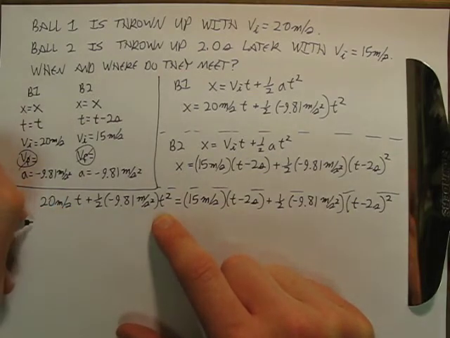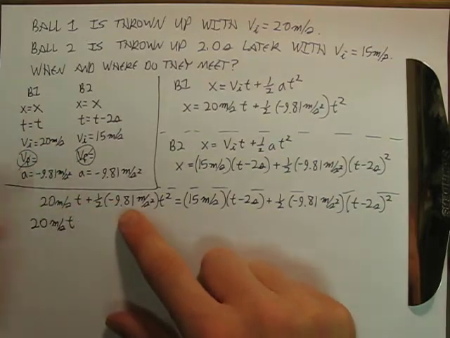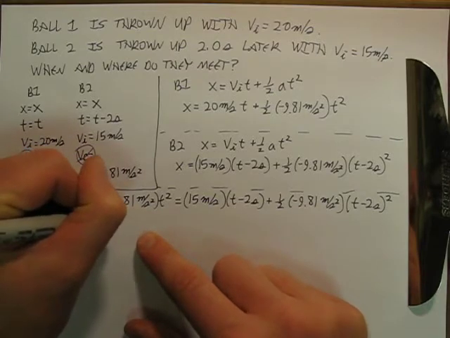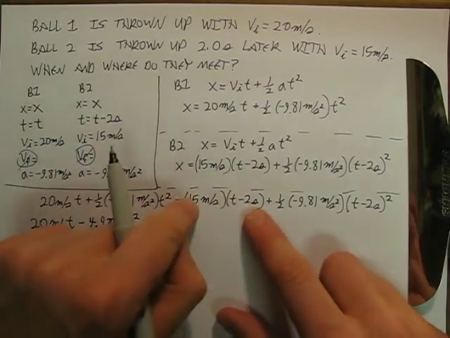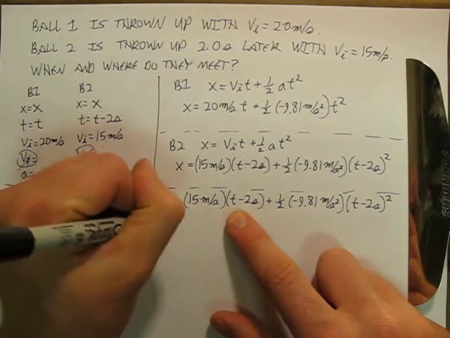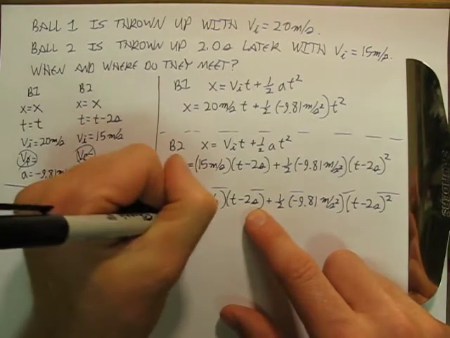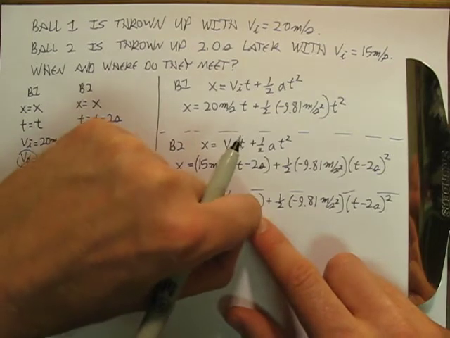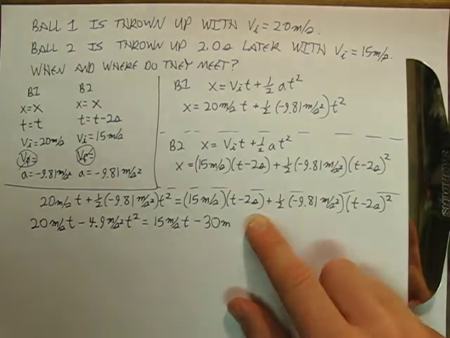That's as simple as that can go, so that stays like that. 1/2 times negative 9.8, I'm going to call that negative 4.9 meters per second squared T squared. I'm going to distribute this like that, so it's going to be 15 meters per second T minus 30. Now it's going to be meters per second times seconds, so the seconds are going to cancel, so that's going to have units of meters.